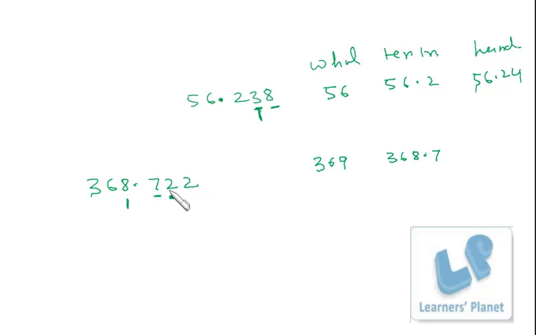I just eliminate this and write the remaining number as it is. Then nearest 100th, see the last number, it is less than 5, so it is as it is. Isn't it very simple? I do one more.